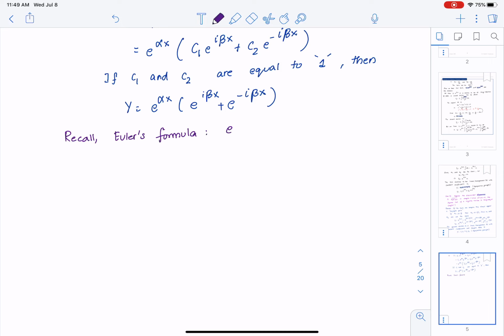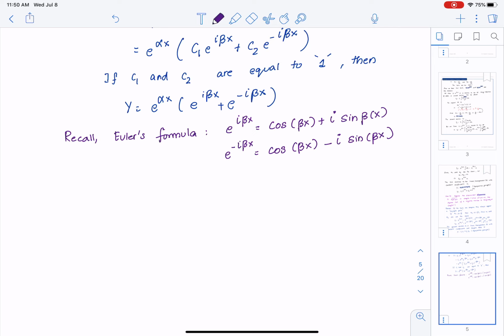What does it say? e raised i beta x is cosine beta x plus i sine beta x. Likewise, e raised minus i beta x is cosine beta x minus i sine beta x.